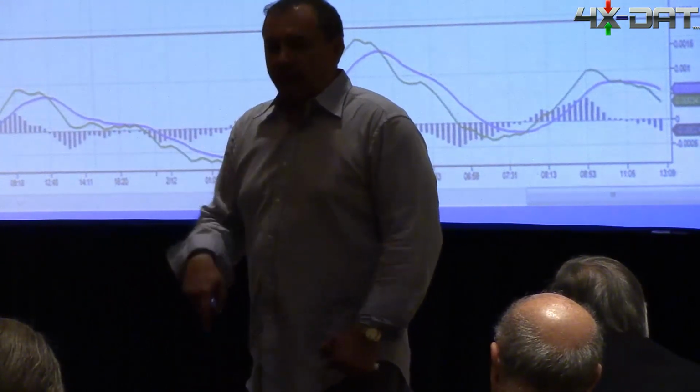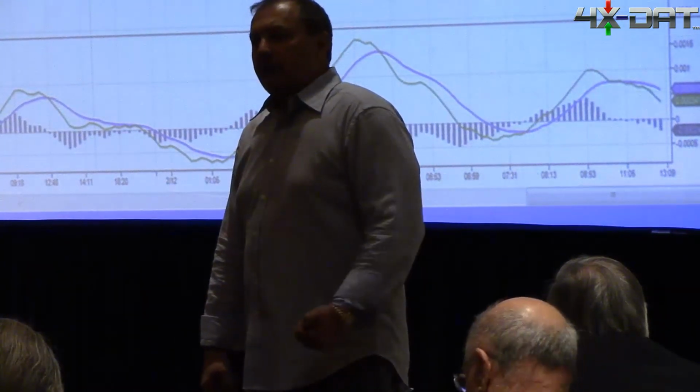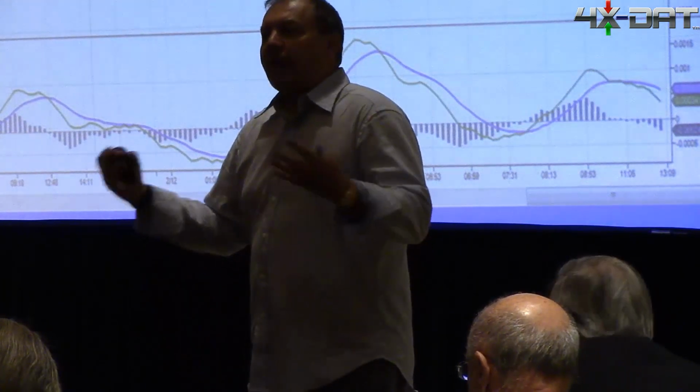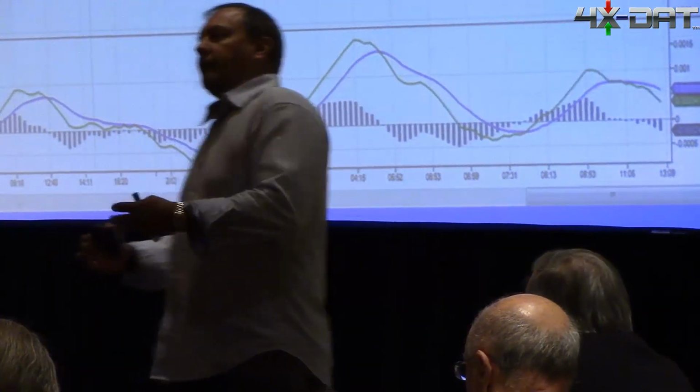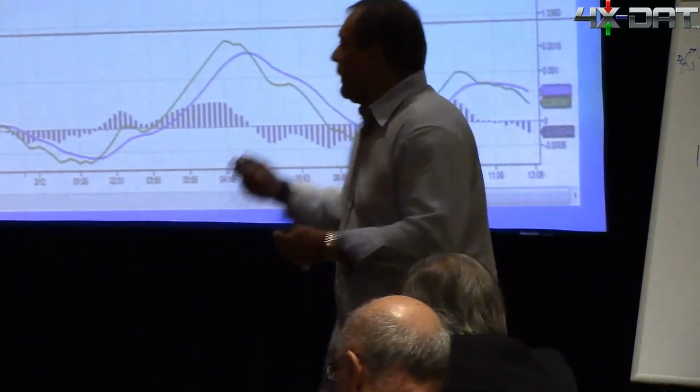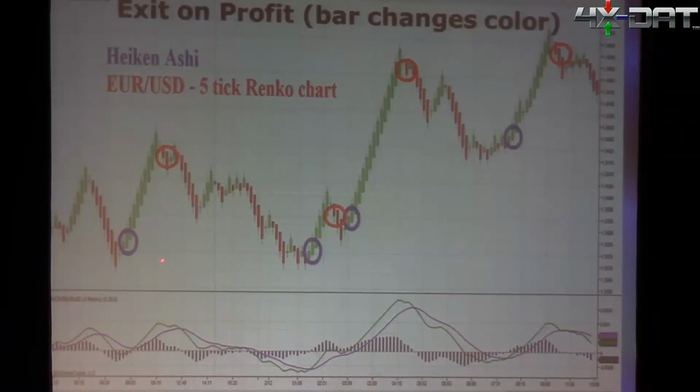Now, there is a danger in this. And you know what the danger is? Actually, it's not a danger, but there's a risk of losing. If you look at this trade right here, you have 40 pips if you had closed it. If you protect it with a trailing stop, you lose 30 of those 40 pips and only end up with 10 pips because you get stopped out somewhere here.